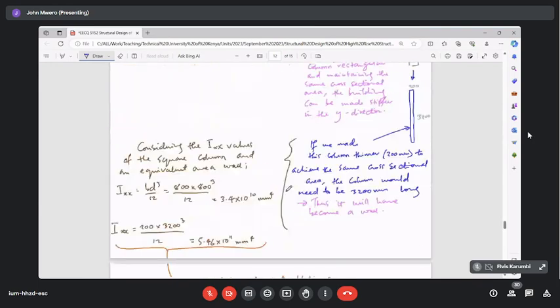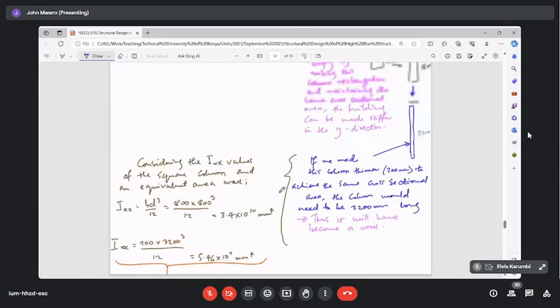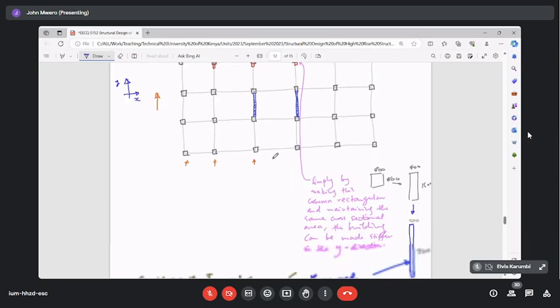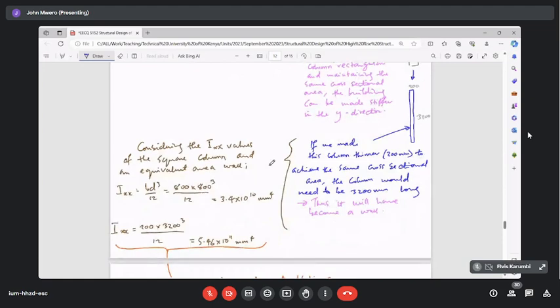Just to give you an illustration, what the software will do is calculate the stiffnesses of all these vertical elements, the shear walls and the columns. Once it does that, it will sum those stiffnesses, and then distribute the lateral load in accordance with those stiffnesses.